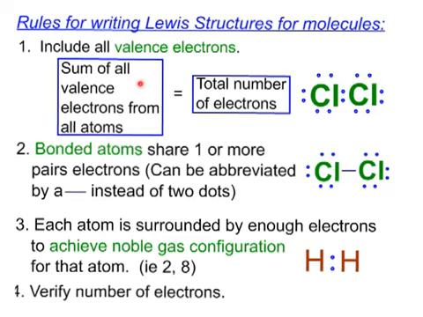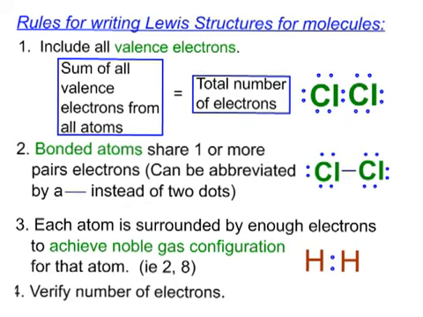The sum is going to equal the total number of electrons represented in our Lewis structure. For example, chlorine has 7 valence electrons, and the other chlorine has 7 valence electrons. So 7 plus 7 is 14. We need to make sure that our final molecule has 14 electrons represented in it.